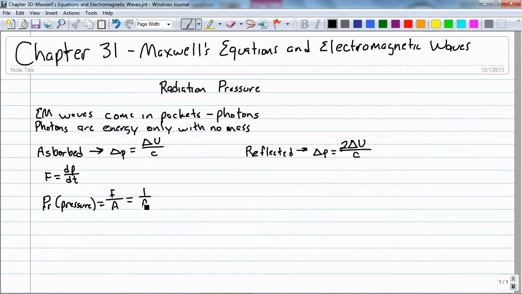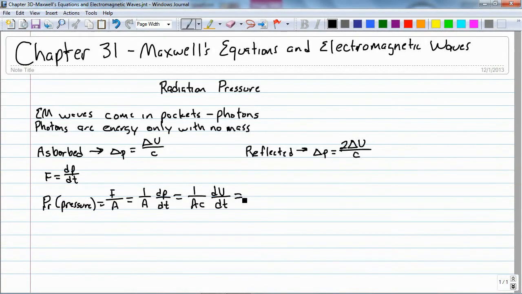And we can put in our derivative of momentum. If this is the derivative with respect to t, then that just gives me 1 over area times the speed of light, because of this c right here, times dU/dt.